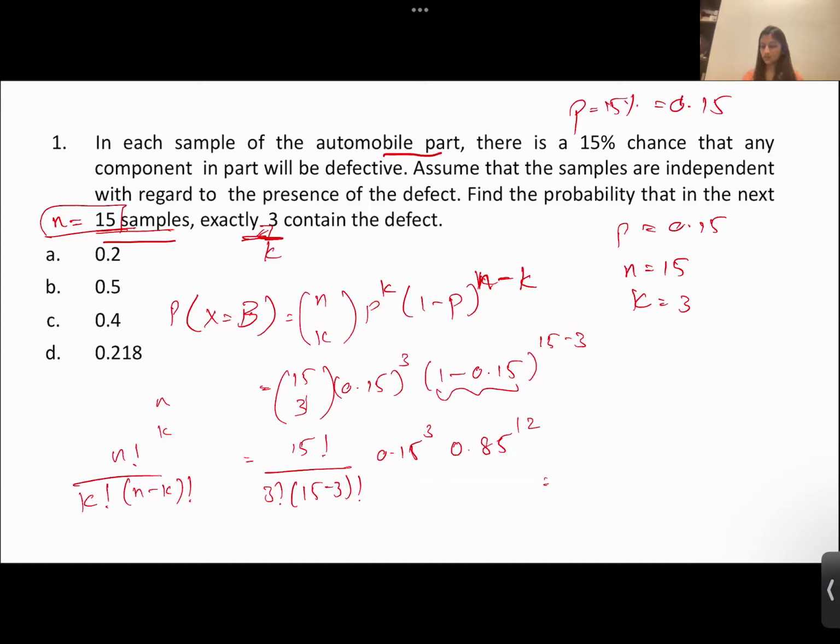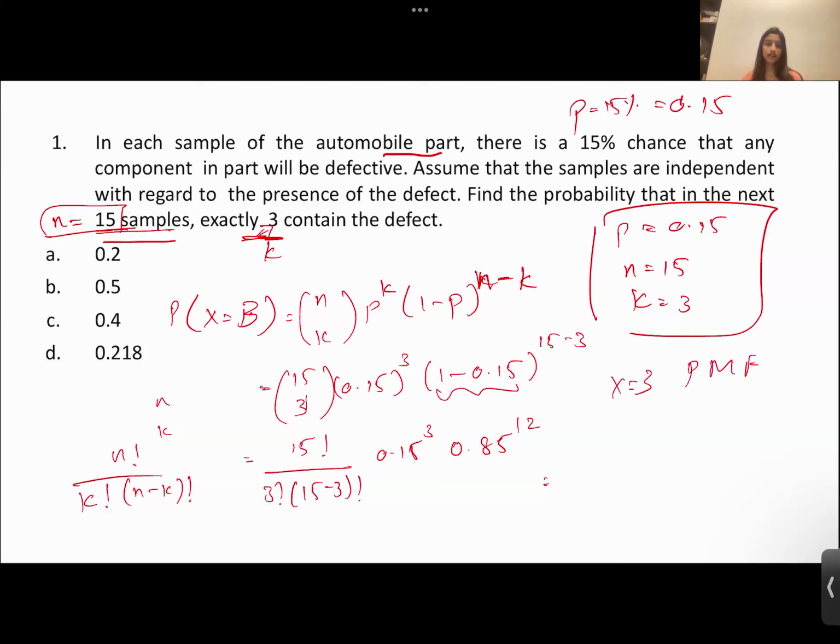So with R, how do you do it now? We have all these values, and it's just the PMF. It's not the cumulative function. You just need exactly x is equal to 3. So in this case, you calculate the PMF.